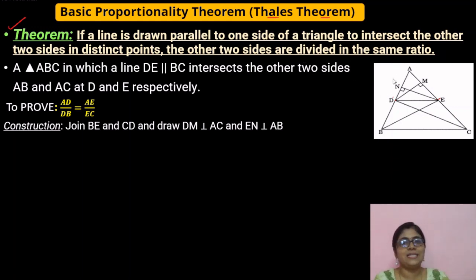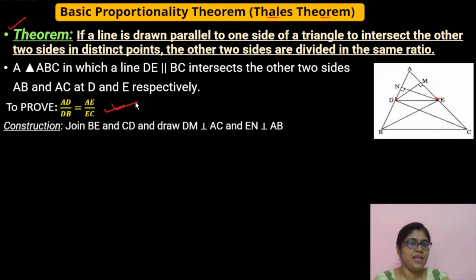As you can see in the figure ABC, D is a point dividing AB in some ratio. A line DE is drawn parallel to BC, intersecting AC at point E. So, what do we have to prove? AD by BD is equal to AE by CE.